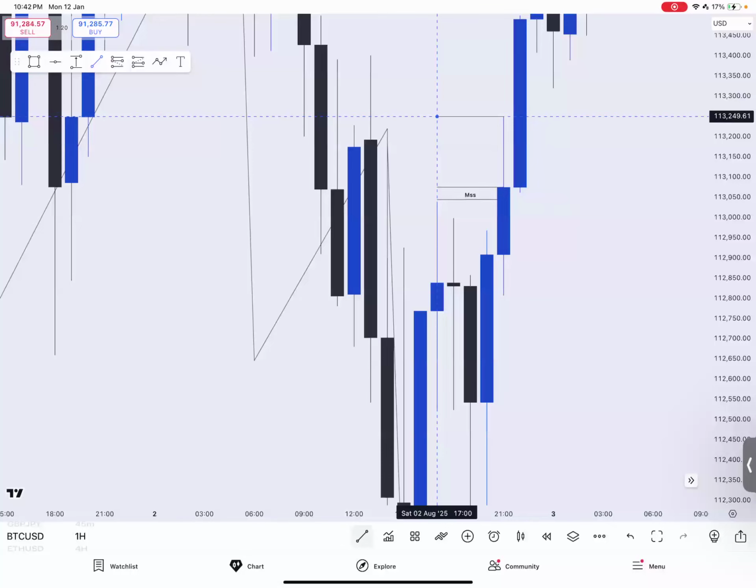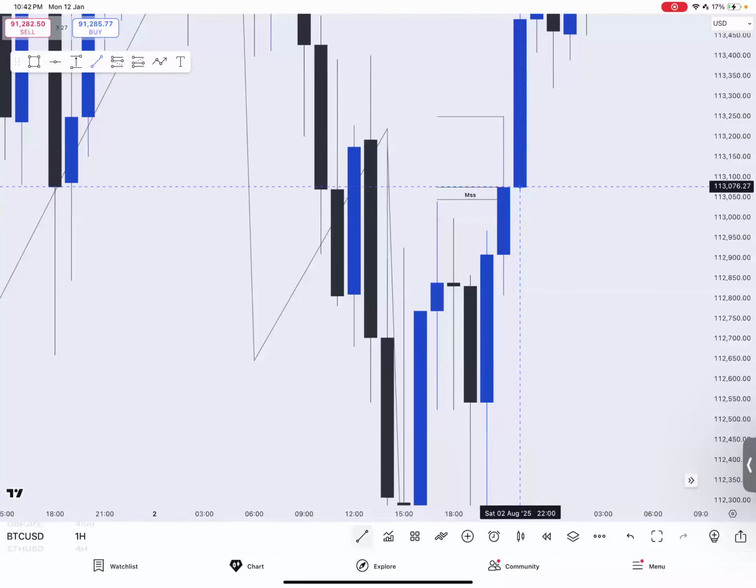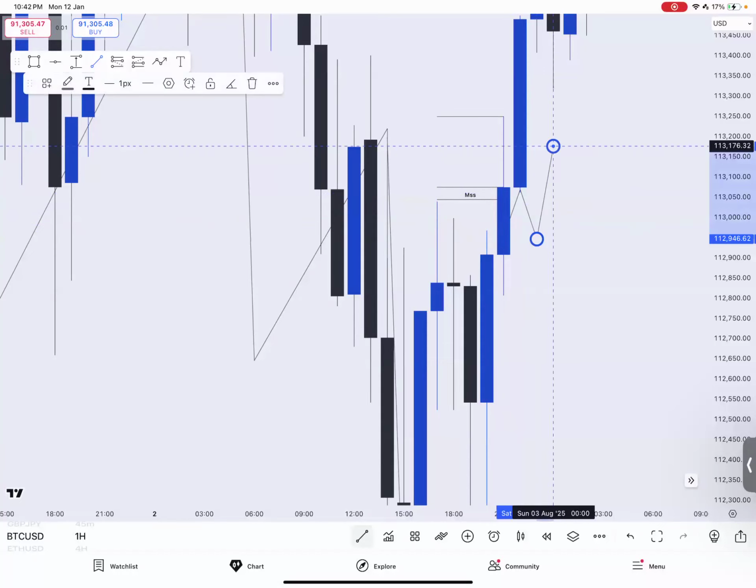Our focus is not on the wick side. Our focus is on the body side. Our focus will be for price to give us a retracement that proceeds to take out the body closure, which is down here. So if the market gives us a retracement and tries to take out this body side closure and it does not work, you will not mark your inducement yet until price eventually gives us the retracement that will now take out that body side. That's when you can now mark your inducement.